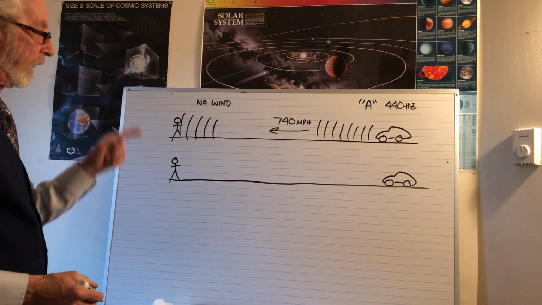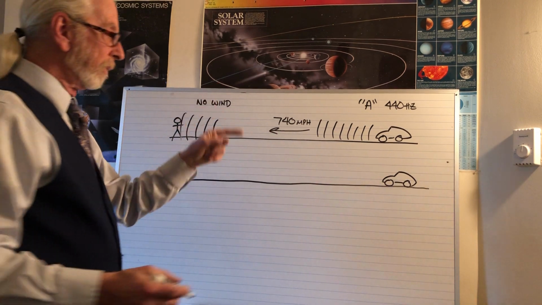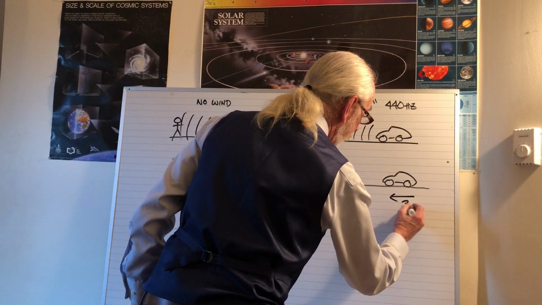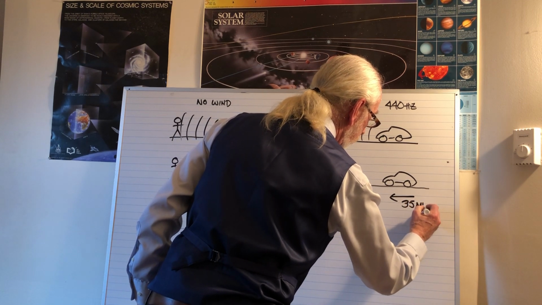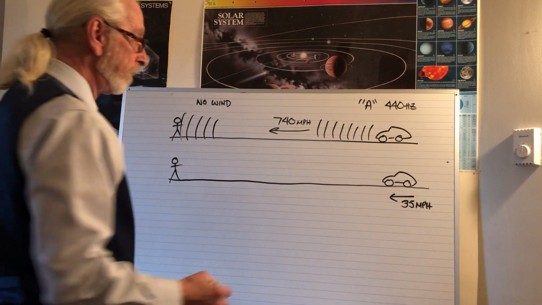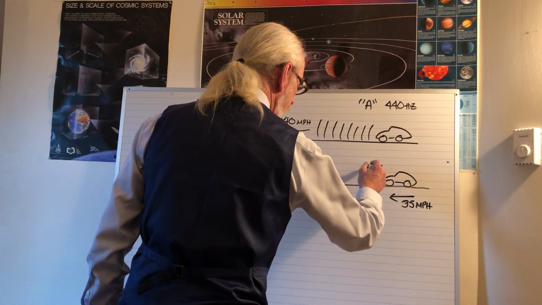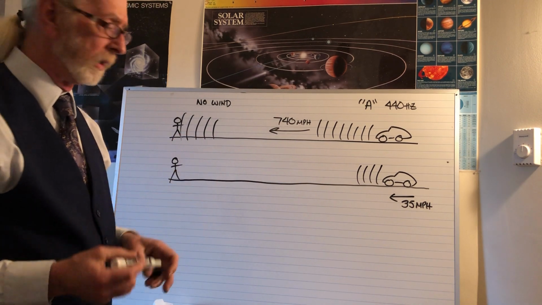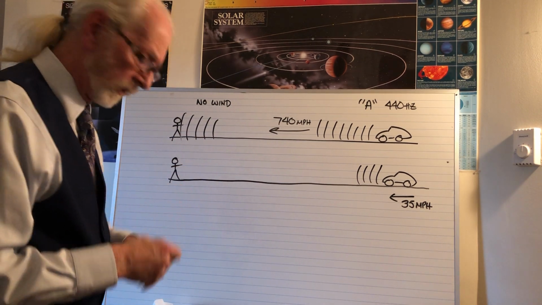Okay, now, again, no wind, but now we're going to put the car in motion. We'll say 35 miles per hour. The guy hits the horn. But wait a minute. Let's think about this.